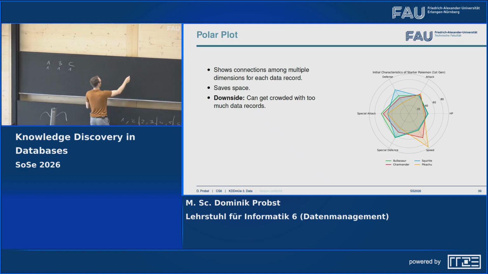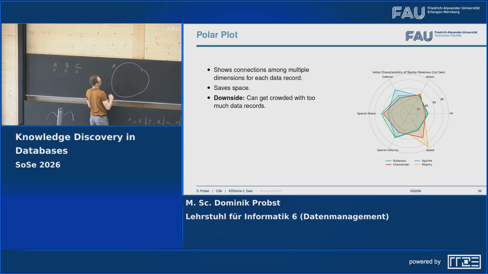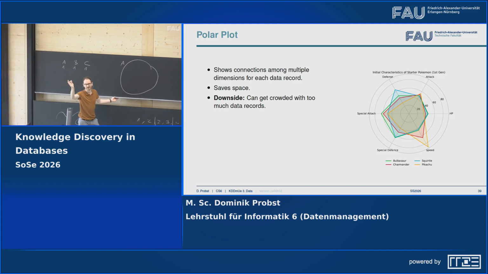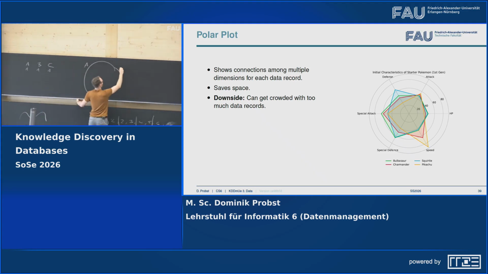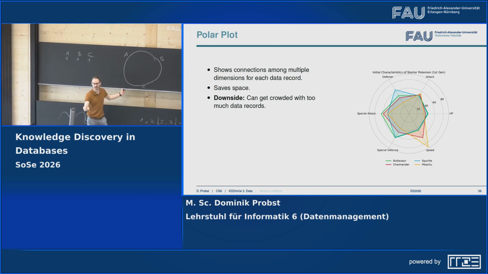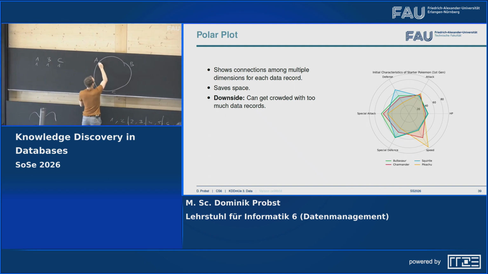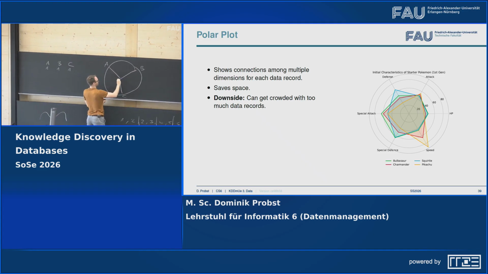Then in a polar plot, we would have one direction, one angle for A. We would have one angle for B and one angle for C. For all of the dimensions, we have an angle. And depending on the values, we have a scale in here for every value.